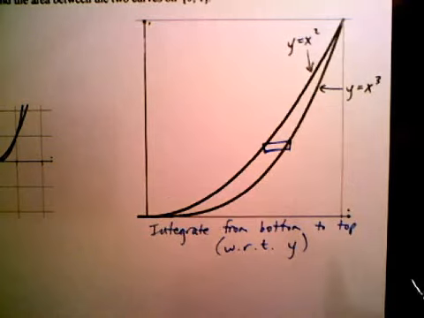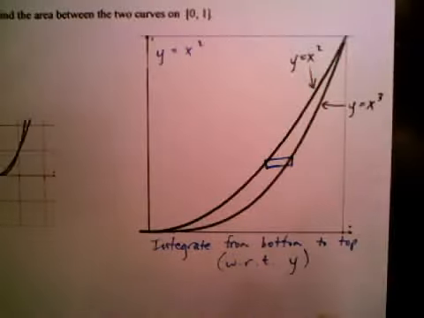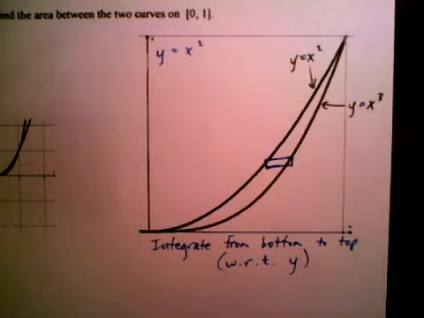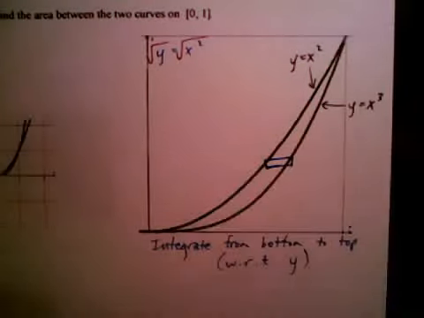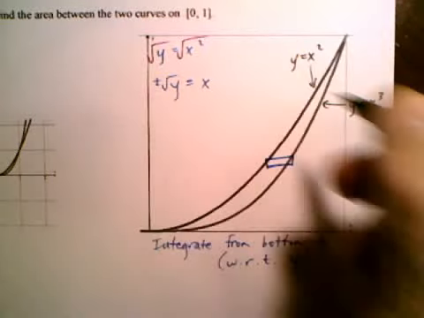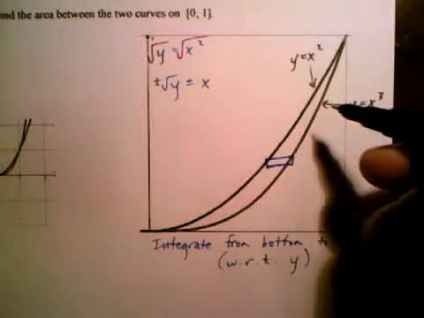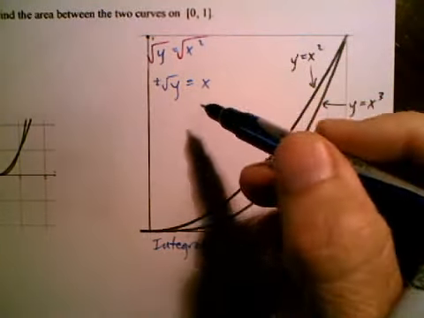So we take this y equals x squared, and we want to take the square root of both sides of it. In other words, we have to solve for x. So when we take the square root right there, we get plus or minus square root of y is equal to x. Well, with just a little bit of work here, you can figure out that we can't use both of those, plus or minus.